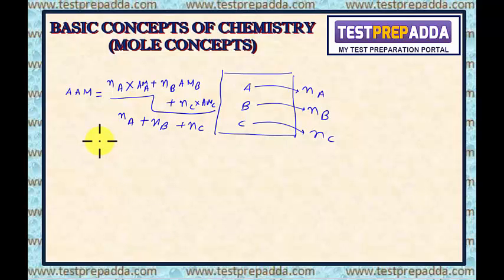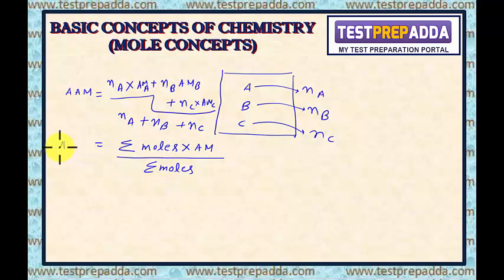Now if I write this for n elements, let us say n elements are in the container, so in a general manner, I can write this as sigma summation of moles into atomic mass upon summation of moles.